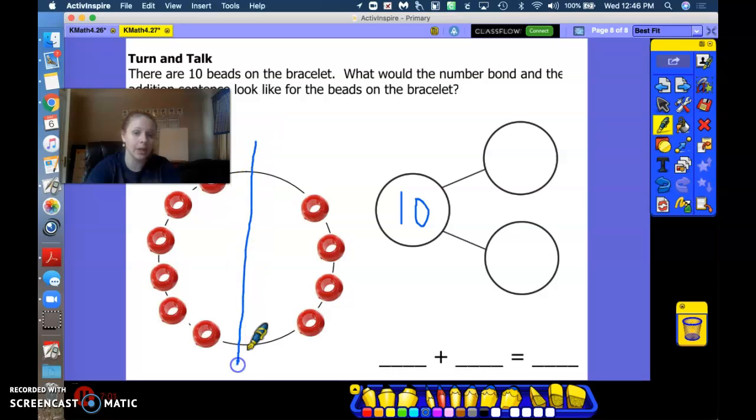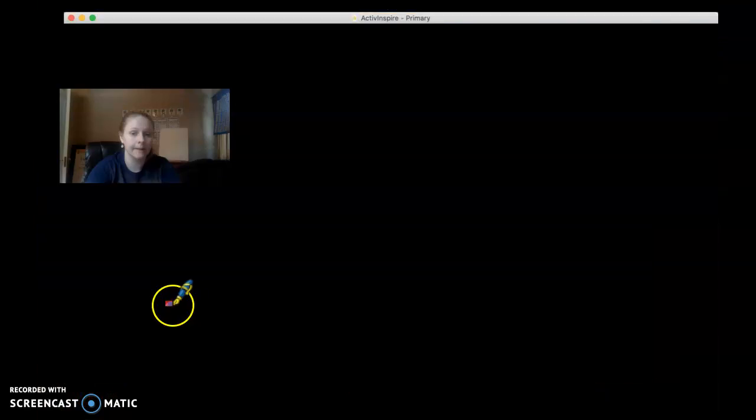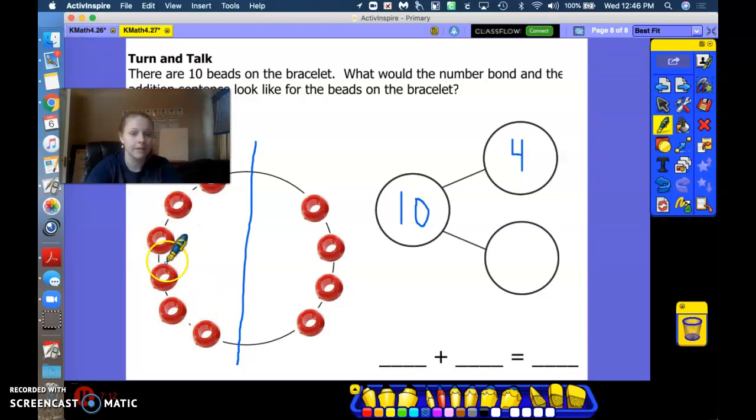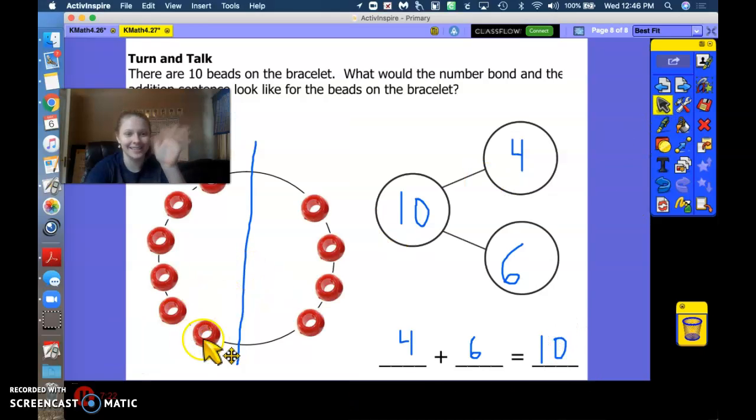Imagine you've got this split. How many beads are over here? 4. How many beads are over here? 6. And we'll write our sentence. 4 plus 6 equals 10. Great job today, friends. Thank you.